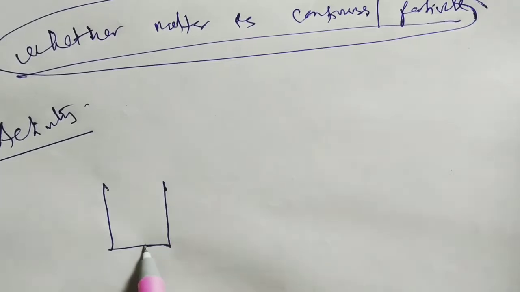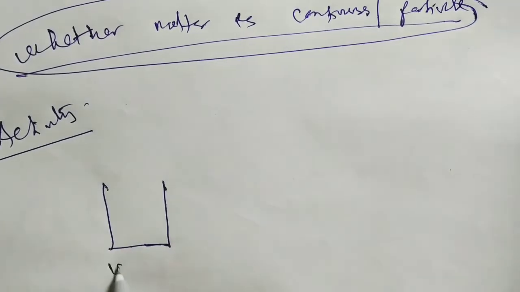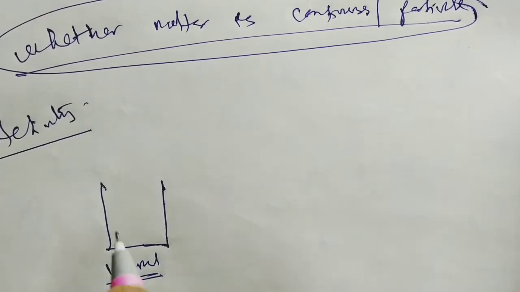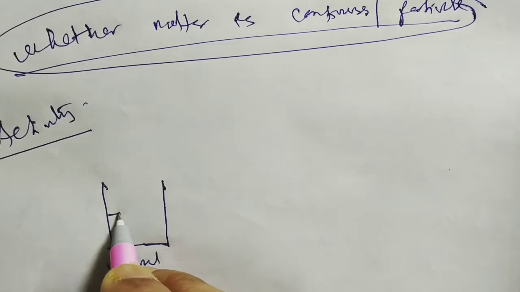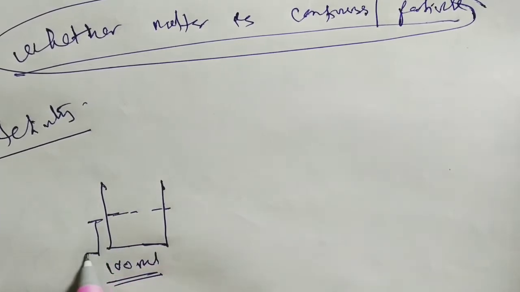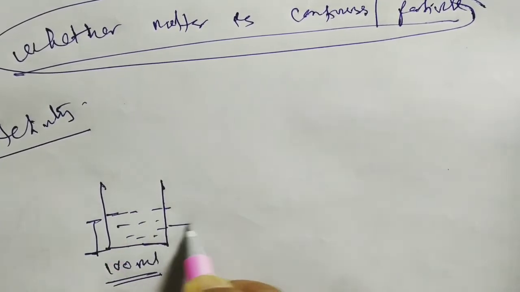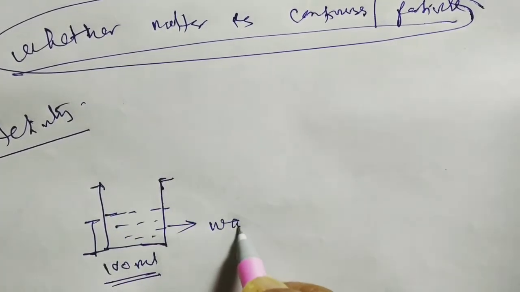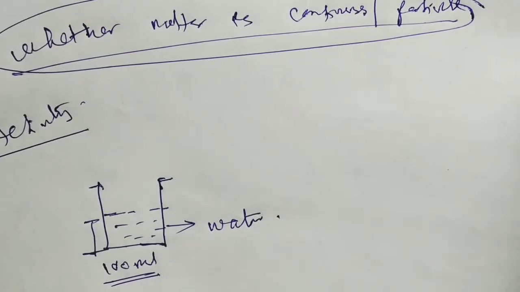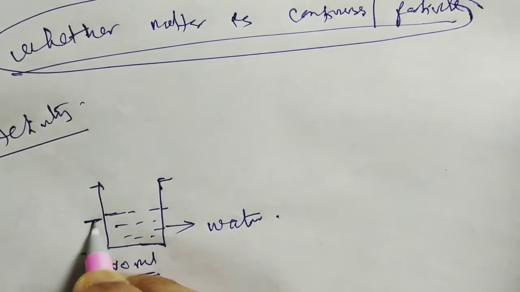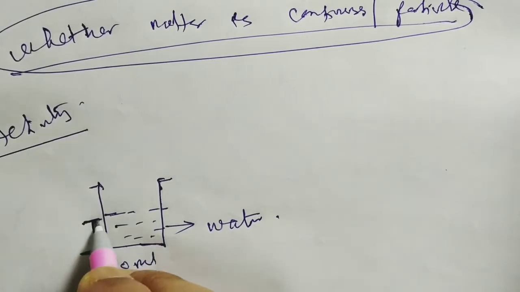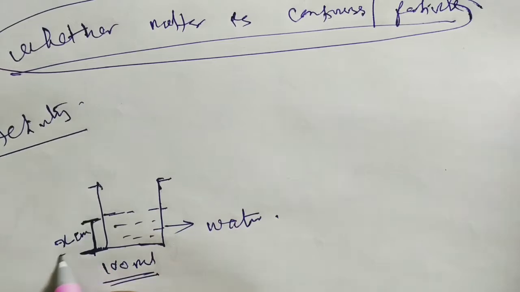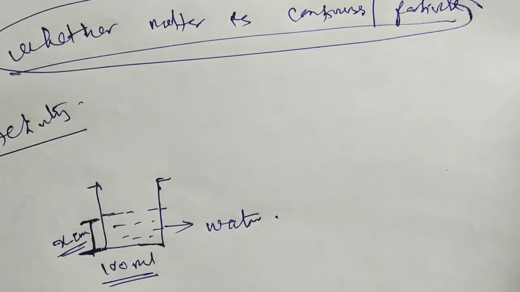Fill the half portion of the beaker with water and mark the level of water. This is the level of water. Suppose this is X centimeter.